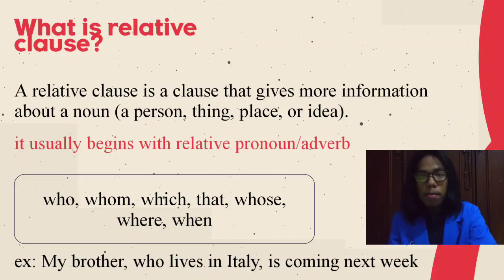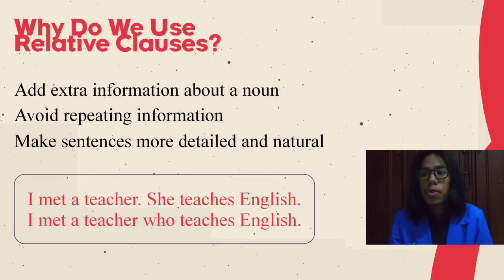Here's the example. My brother, who lives in Italy, is coming next week. The who lives in Italy is the relative clause, and it begins with a relative pronoun. So why do we use relative clauses?